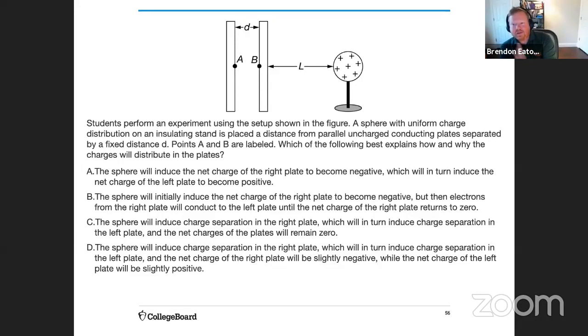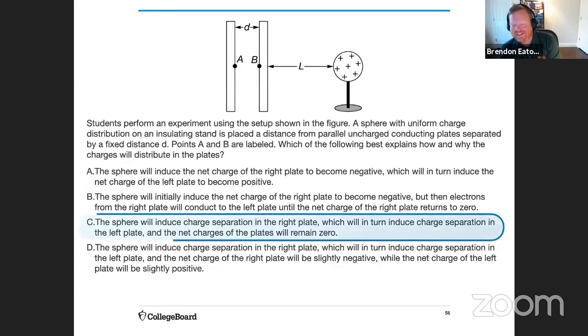But if I know that I have negative charges on the right of plate B and positive charges on the left of plate B, that only leaves one choice for plate A. That means negative charges will be on the right of plate A and positive charges on the left of plate A. So that's answer choice C. Answer choice C is the right answer for this one.